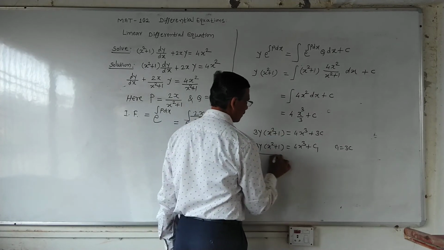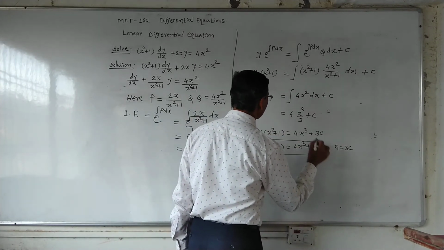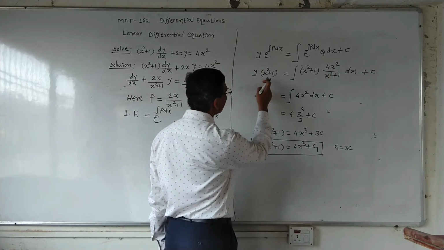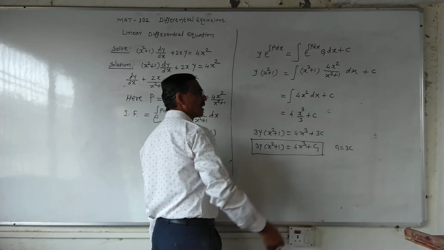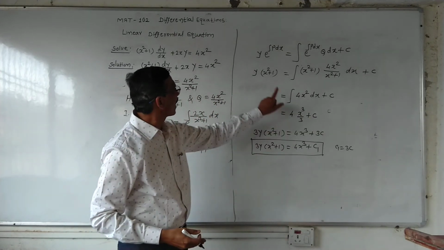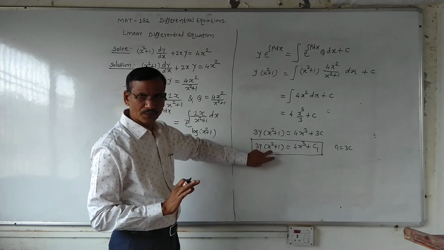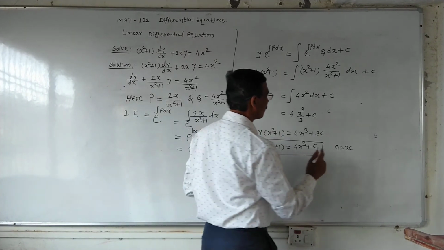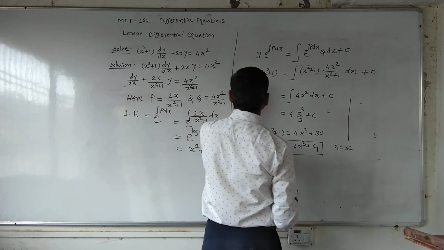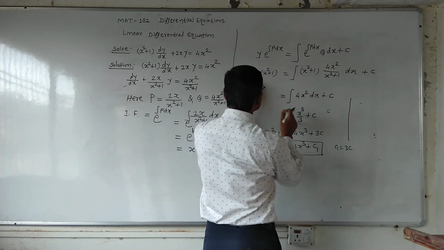So the solution can be written in this form also, or you can divide by x square plus 1 on the right side also. This is the solution, no doubt, but it can also be written by dividing by x square plus 1.